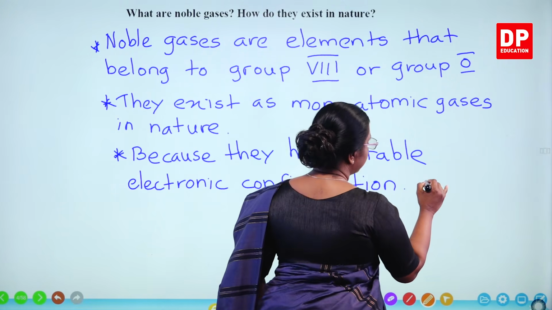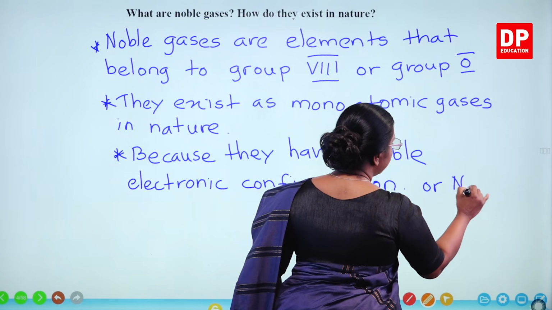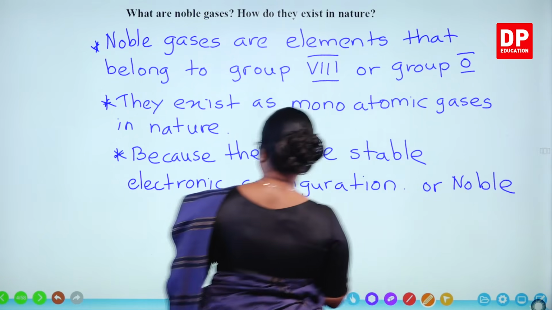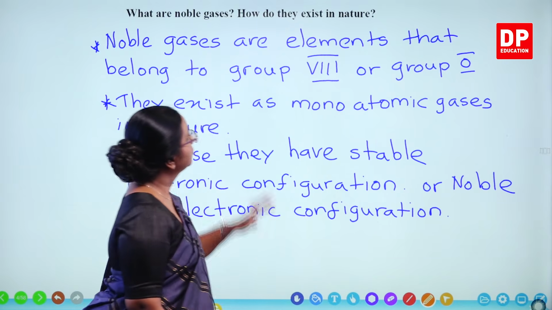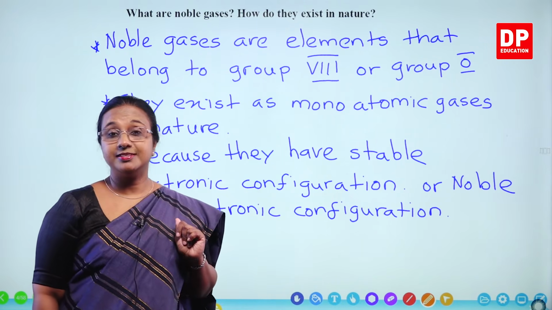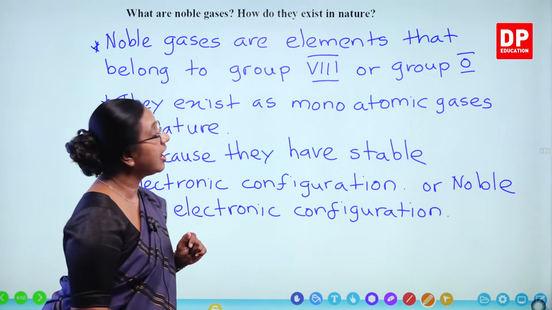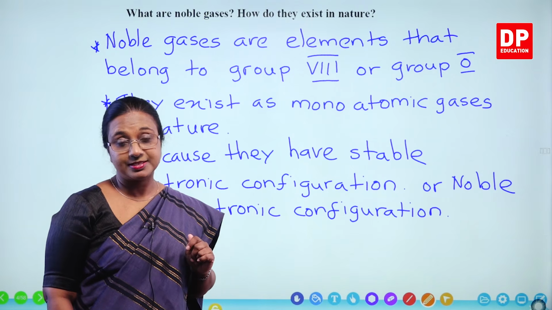This is also known as noble gas electronic configuration. So that is how they exist in nature and why they are known as noble gases.